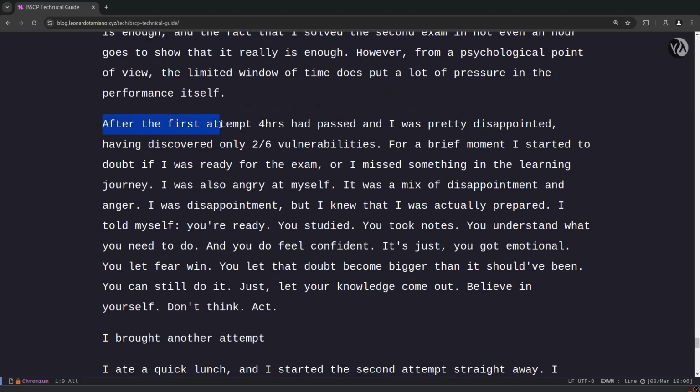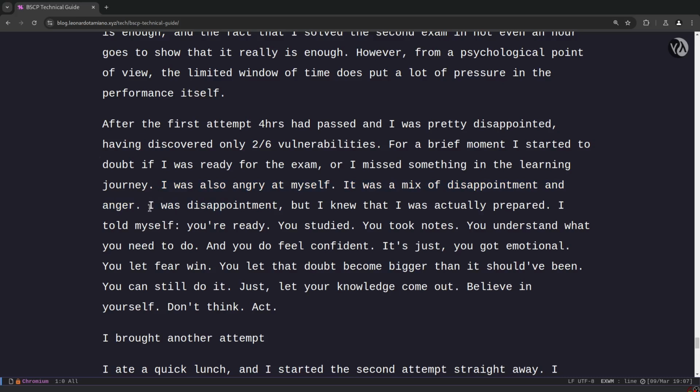Now, after the first attempt, 4 hours had passed. And I was pretty disappointed, of course. I only discovered 2 out of 6 vulnerabilities. And this, for a very brief moment, made me sort of like doubt if I was ready for the exam, if I missed something in the learning journey, if I needed better notes, better cheat sheet and things of the sort. I was also a little bit angry at myself. It was a mix of disappointment and anger, and this is totally normal.